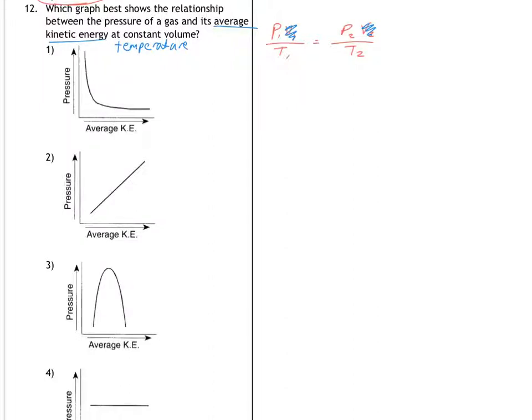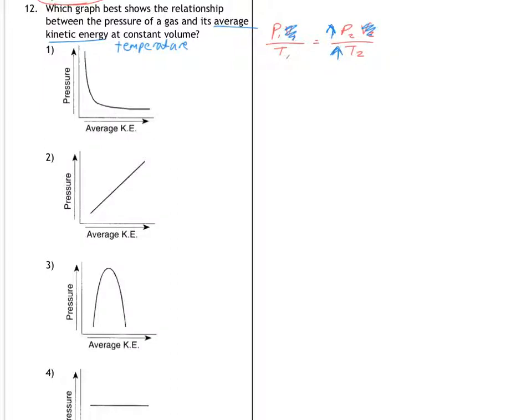So we can see that since the ratio of P1 over T1 needs to be the same as the ratio of P2 over T2, then any increase in pressure is going to be accompanied by a similar and direct increase in T2.